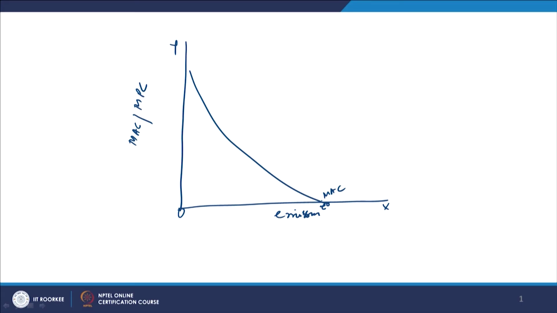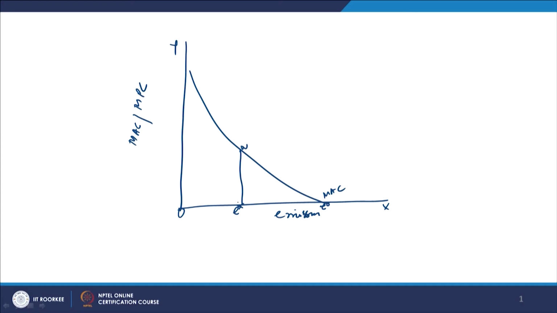Now, if government sets the standard and standard is, say, E star. So, government is setting the environmental standard or emission standard, and at this level the abatement cost is this vertical distance.